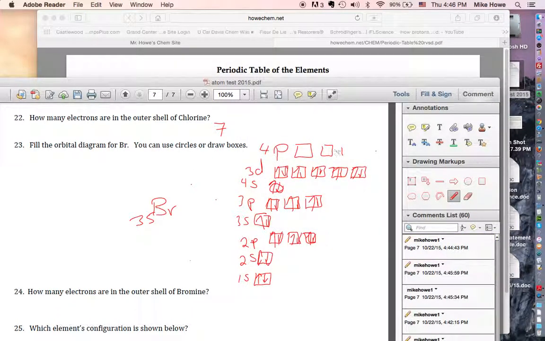There we go, finally. There's 31, 32, 33, 34, 35. So that's your orbital notation.